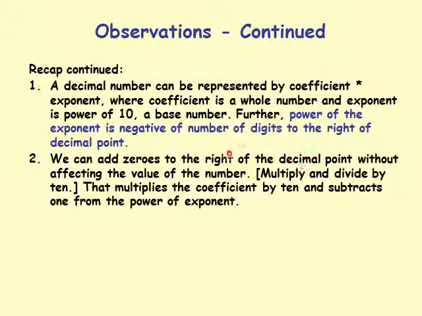When we add a 0 to the right of a number containing a decimal point, we are multiplying and dividing by 10. That means we get an equivalent number that multiplies the coefficient by 10 and subtracts 1 from the power of the exponent.